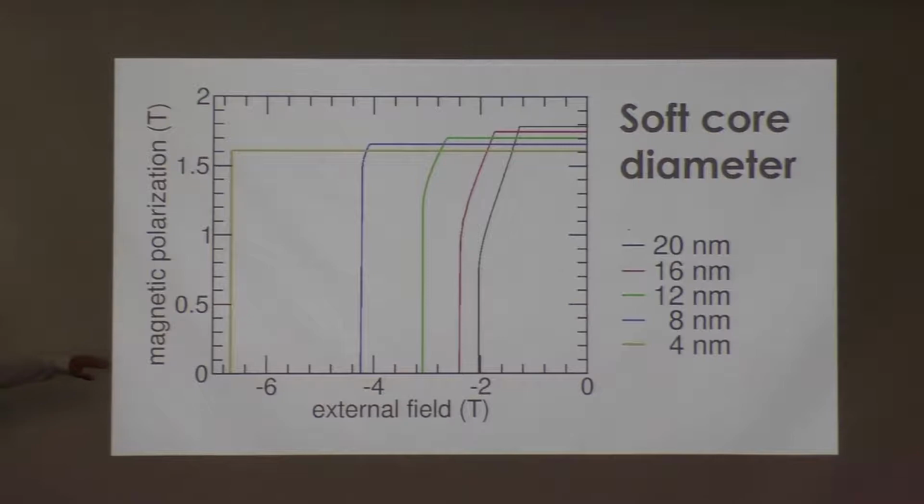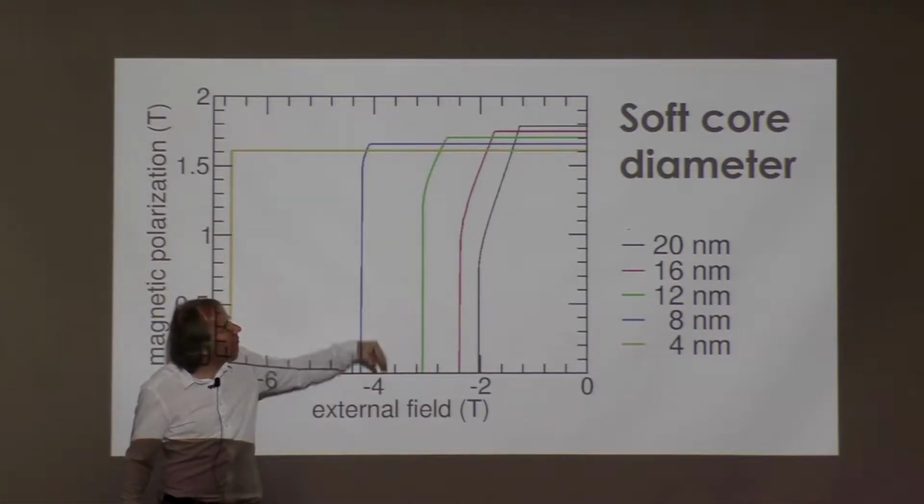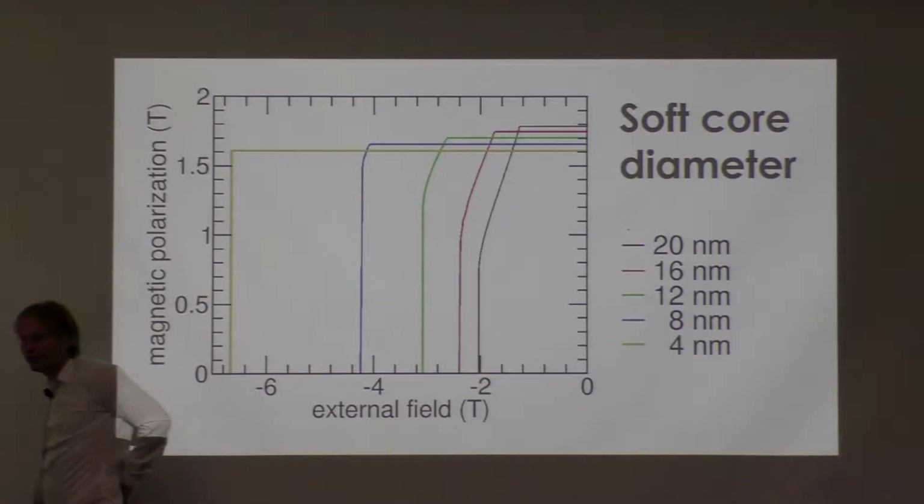But we also see that we drastically increase the remanence of the magnet. Then it's more or less a design issue, how much of the soft magnetic phase you want to include, depending on what coercivity and what remanence you need in the design for your magnet.